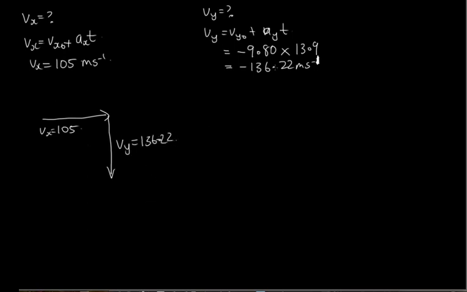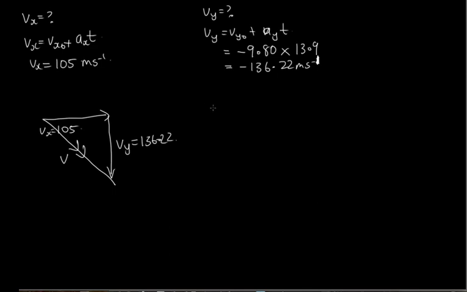Now to get our total velocity, we need to add our x component, our horizontal component, and our y component, our vertical component. We add them head to tail like this, and our resulting vector is this one here. We'll represent its resultant with a double arrowhead. Now we need to work out what we can about this vector. First, let's work out its magnitude.